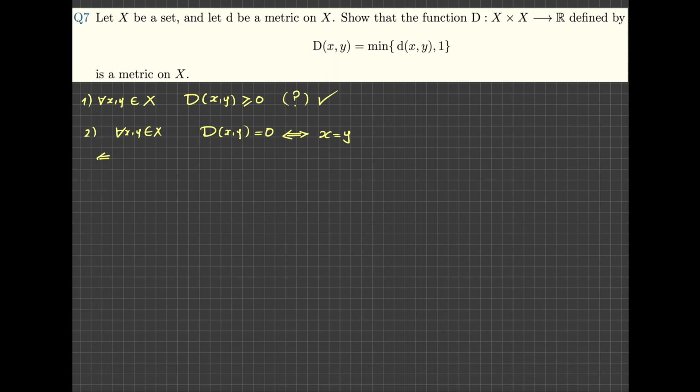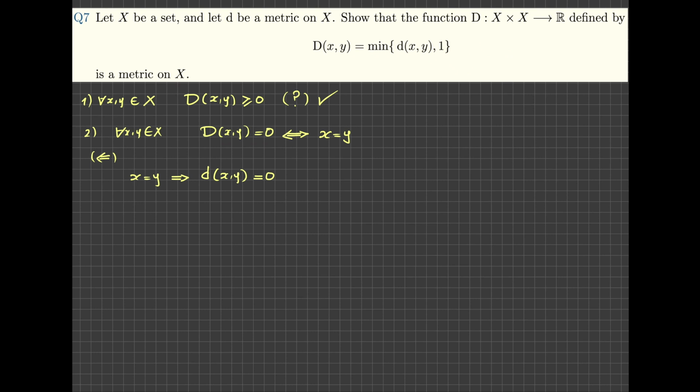For example, let us assume that X is equal to Y, and I want to show that the capital D acting on X and Y gives me indeed 0. So what happens? If X is equal to Y, because little d is a metric, it is guaranteed that d of X and Y is 0.